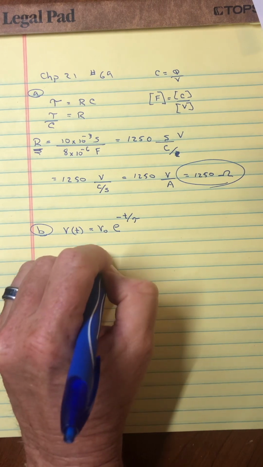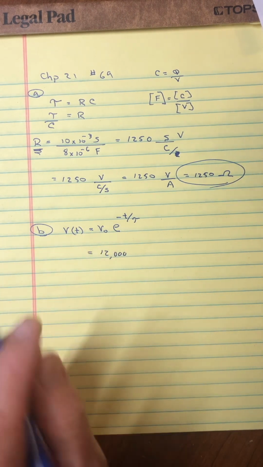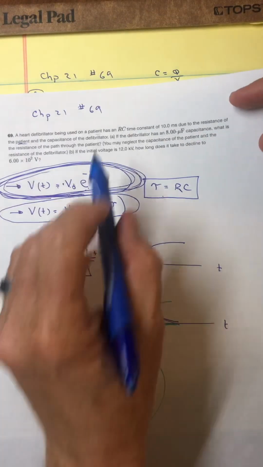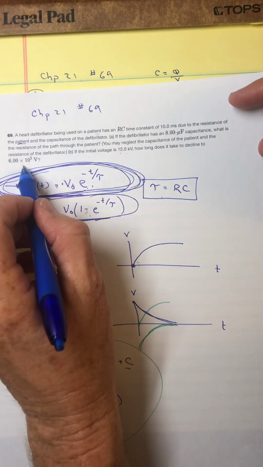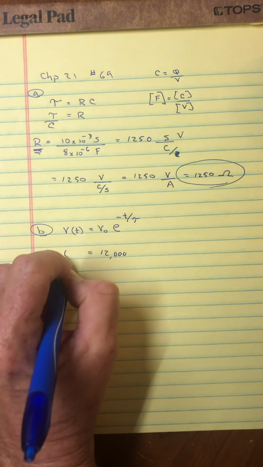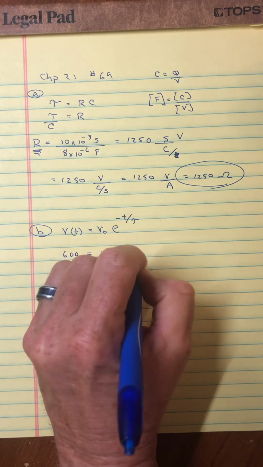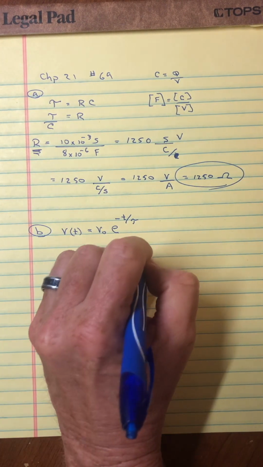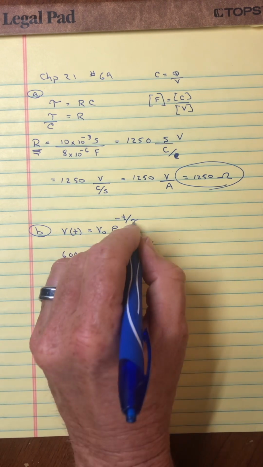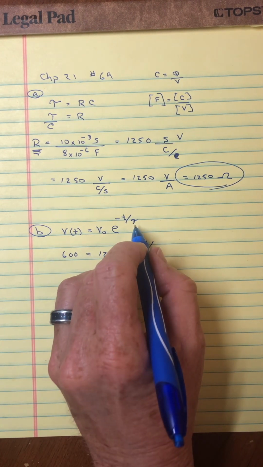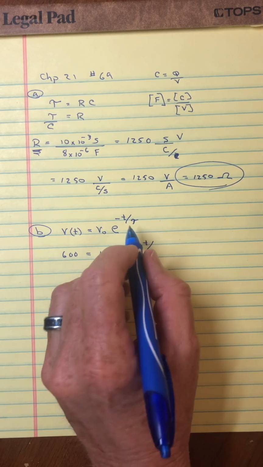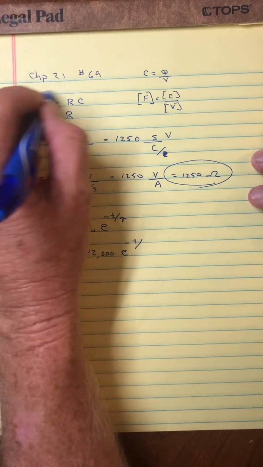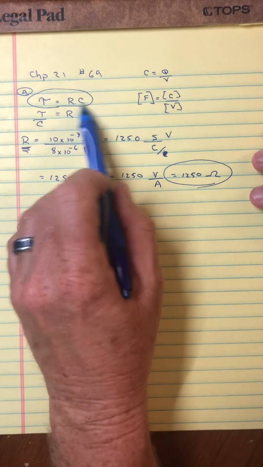And so the initial is 12,000, all right, 12 kilovolts. And it's going to decay down to 600, and we are asked, how long does it take? So we're asked to solve for time and the decay constant through the patient. No point in going back and remultiplying the resistance we found times the capacitance.